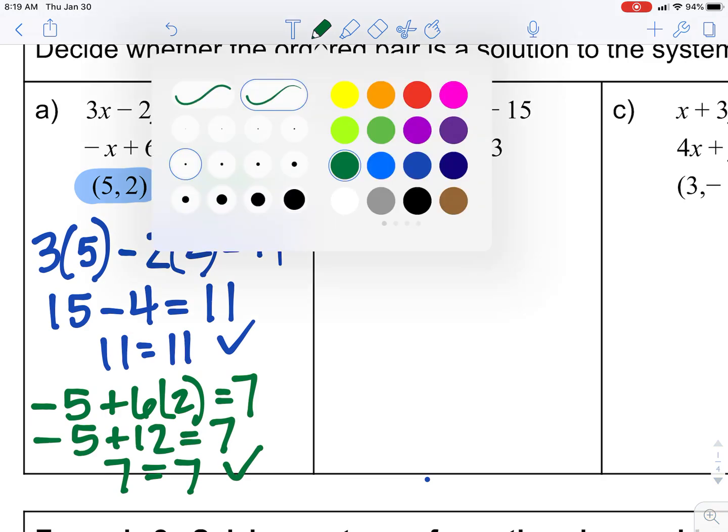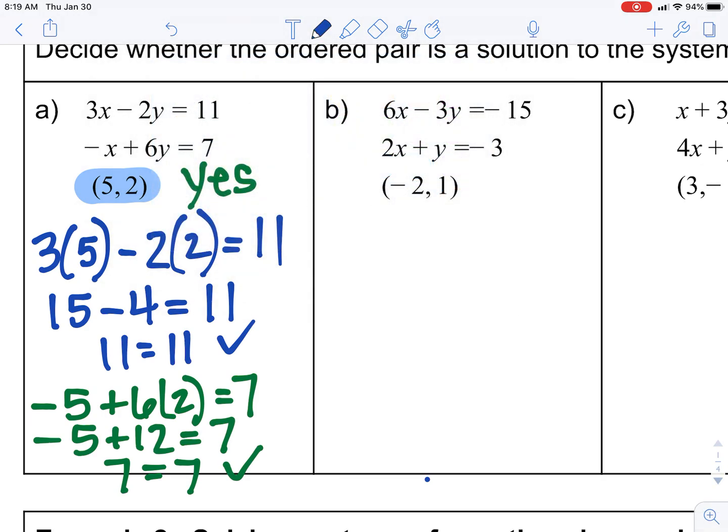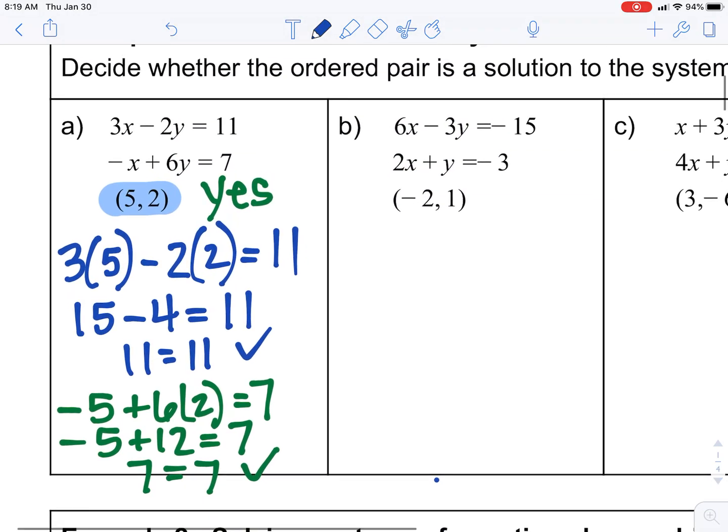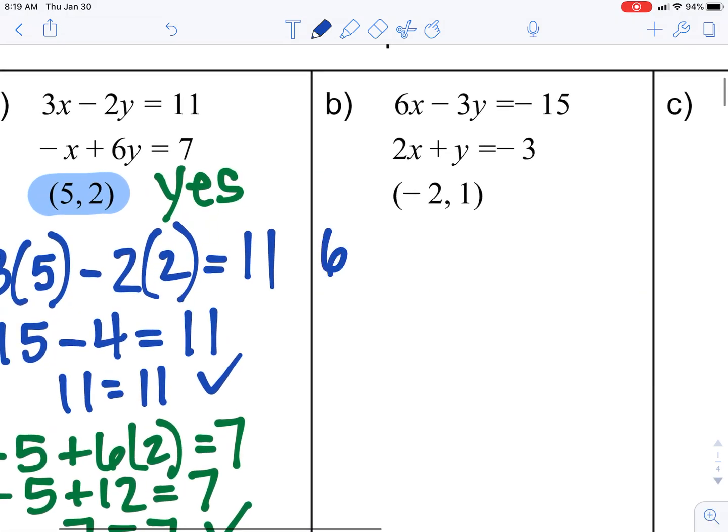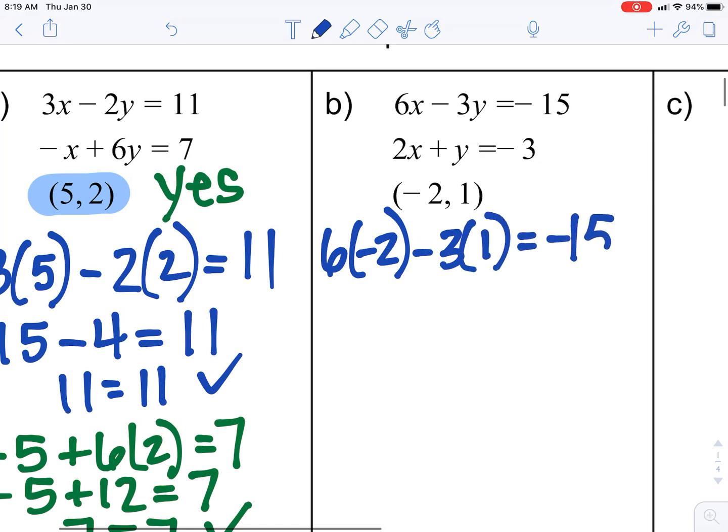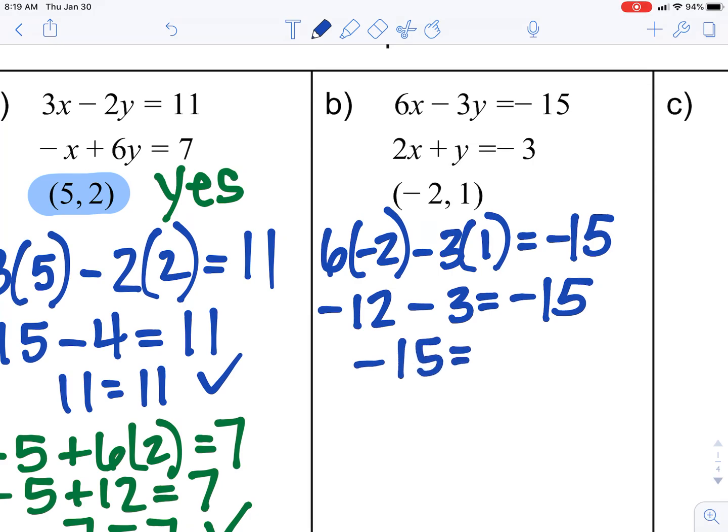Moving on to example B. In example B, we're going to substitute in -2 for x and 1 for y. And we get -15 equals -15.